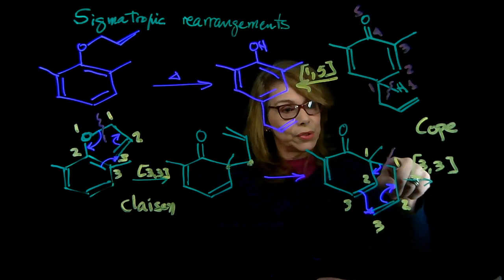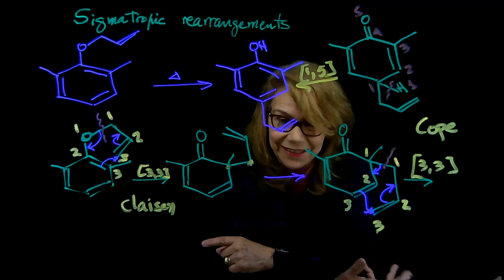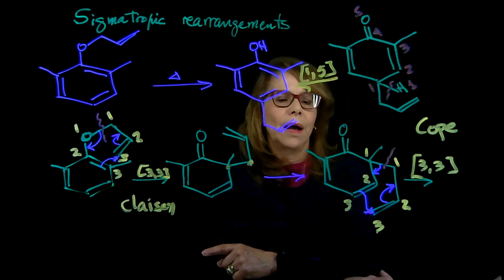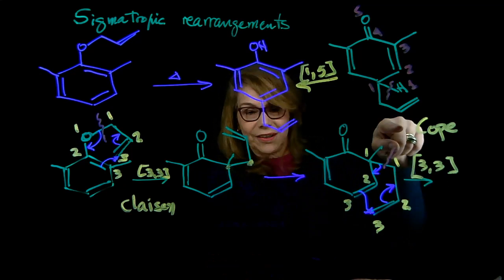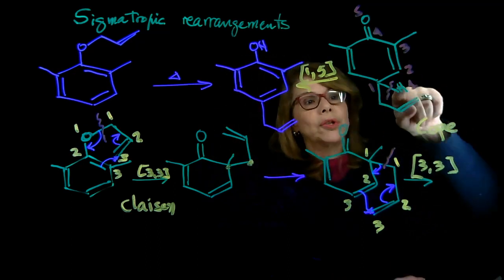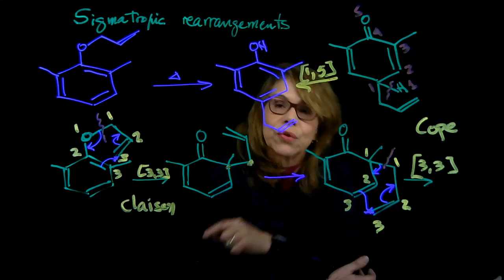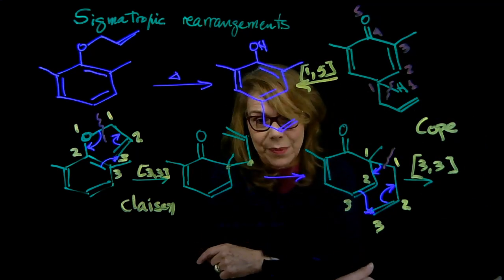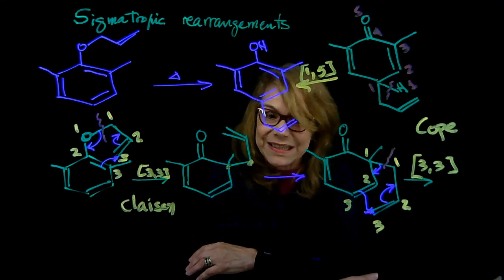This time it is 3,3. We have put the numbers here to recognize that this is a 3,3 sigmatropic rearrangement. And after that, we get this product, which is not yet aromatic, but if we do a 1,5 rearrangement with that migration of the hydrogen, we get our product, which is aromatic. And of course, that rearrangement is product favored.